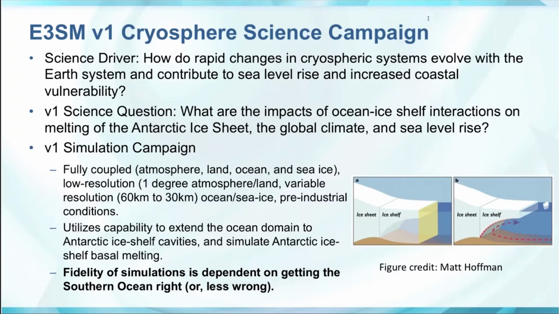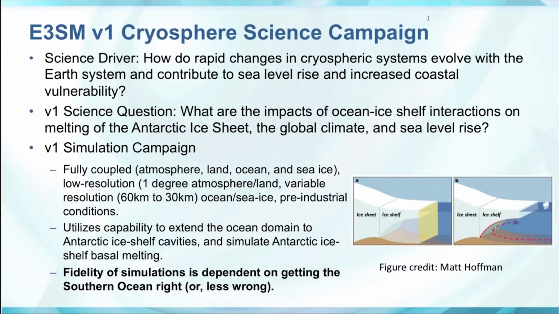So for our V1 simulation campaign, we focused on fully coupled, low resolution simulations with pre-industrial control conditions. And the key distinguishing feature of the cryosphere science campaign is that we utilize a capability that extends the ocean domain to Antarctic ice shelf cavities.